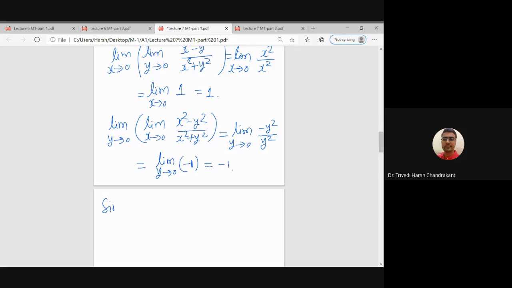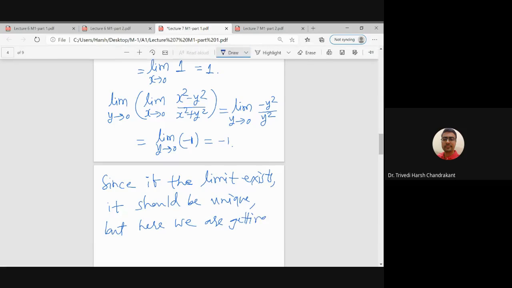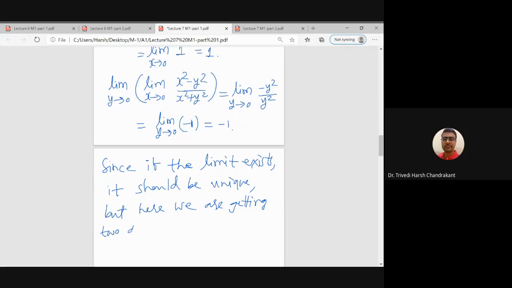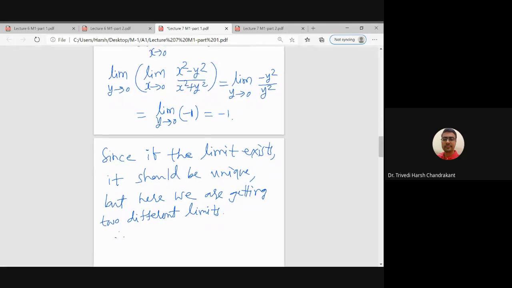So if the limit exists, it should be unique. But here we are getting two different limits. Therefore the limit does not exist.